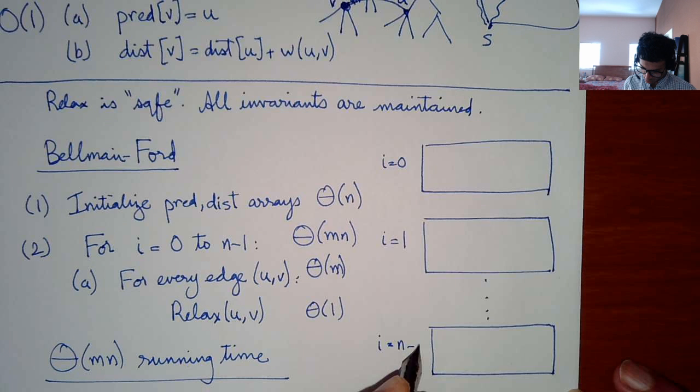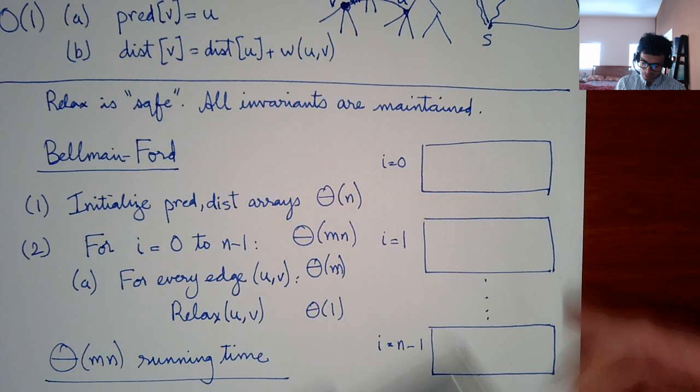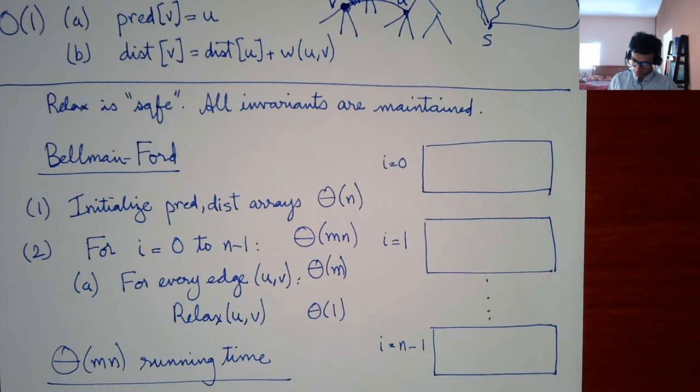Actually n minus 2 is enough, but that's fine. I'm just drawing a pictorial view of all the relaxation operations done here: all edges, and all edges, and all edges. We're going to come back to this picture to understand how Bellman-Ford works.